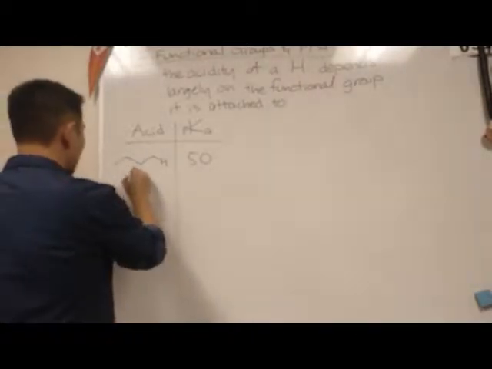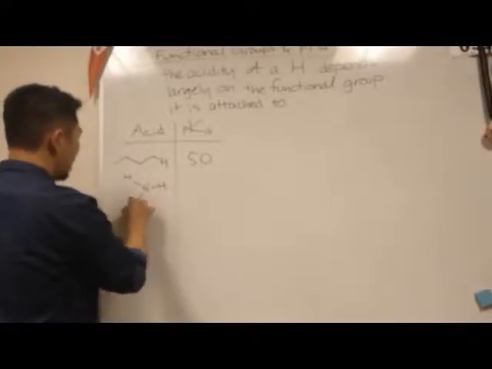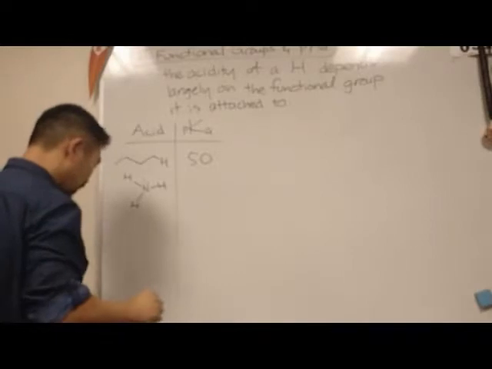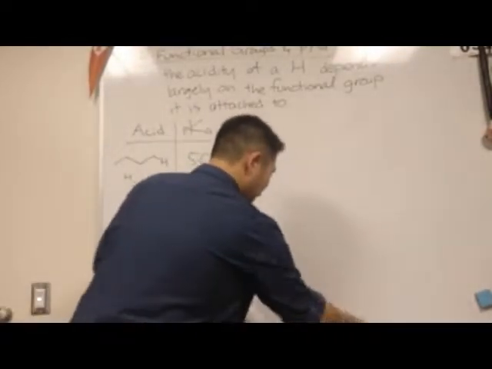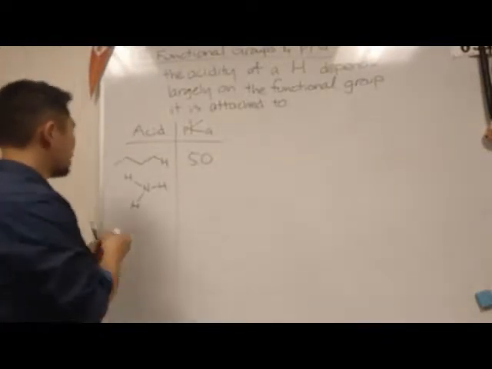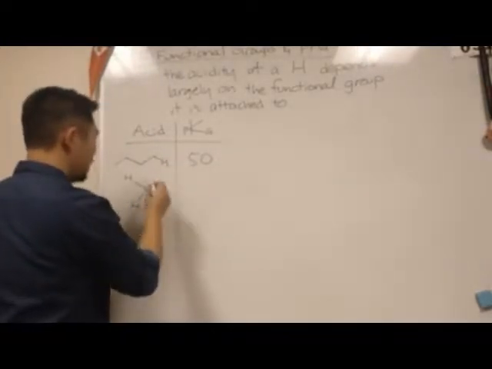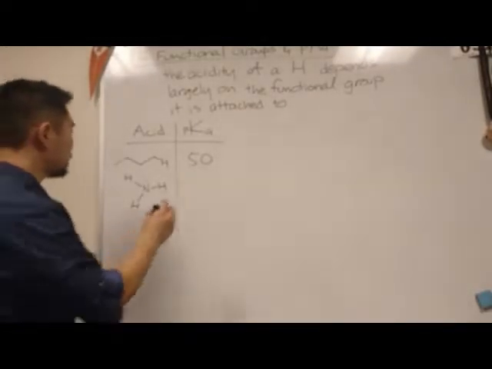The next one on the ranking, so this is in the order of increasing acidity, here's an ammonia proton, and this hydrogen here is what we're talking about. That would be around 36.